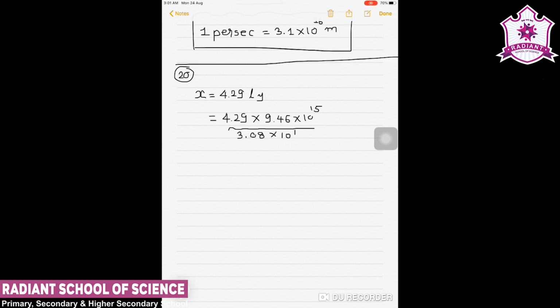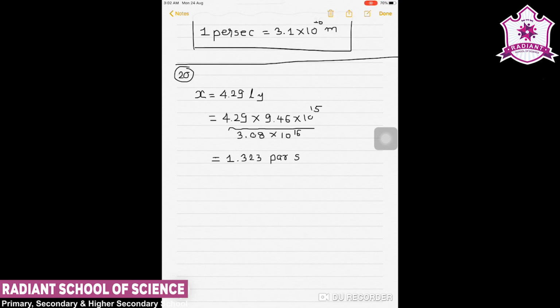So this turns out to be in parsec, and that will be around 1.323 parsec.